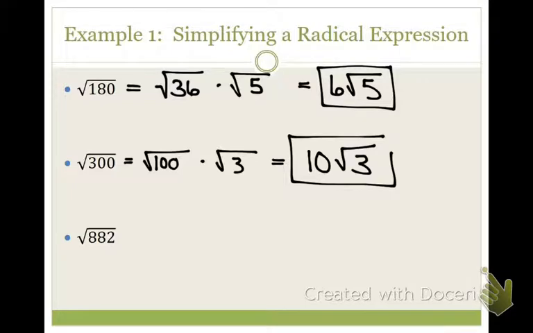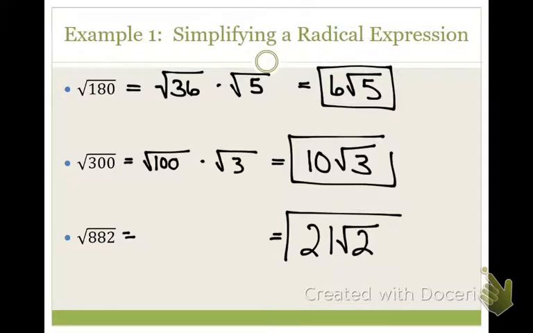Do the last one now. Square root of 882. Again, I don't mind if you skip over here to the answer. In your calculator, what did it give you for your answer? 21, not 21/2, guys, to the square root of 2.